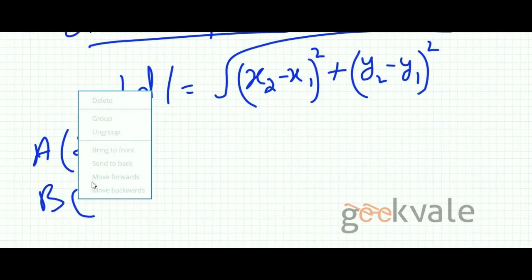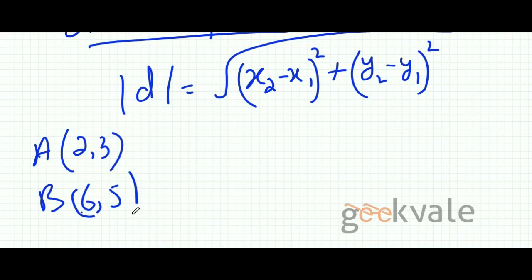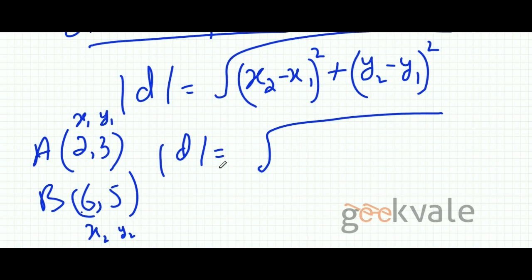Okay, 6, 5, right? So this can be referred to as x1 and y1, and this will be treated as x2 and y2. So we plug these values into the formula and we have x2 minus x1, 6 minus 2 whole square, plus y2 minus y1, 5 minus 3 whole square.